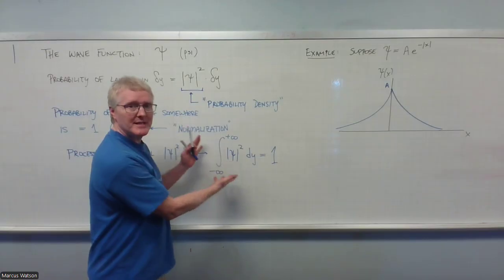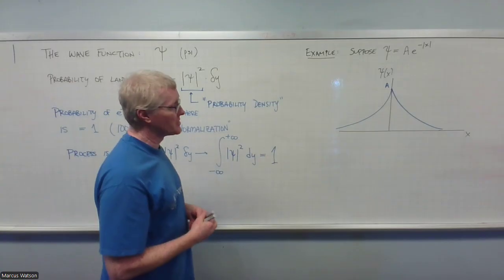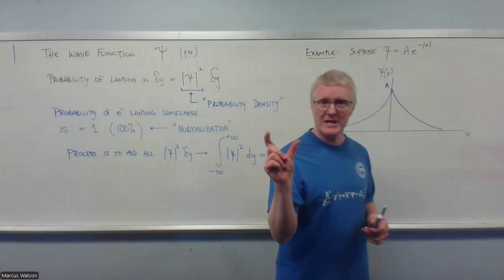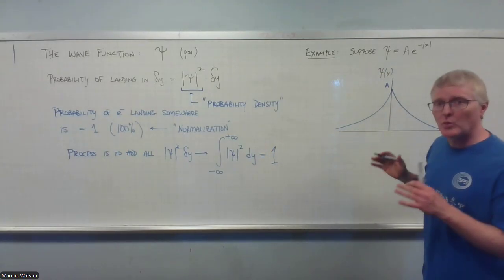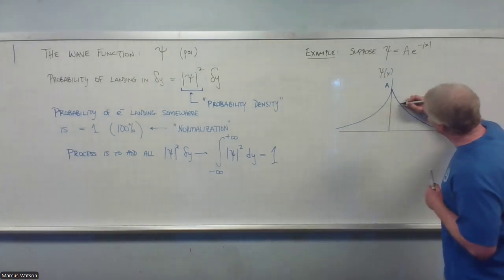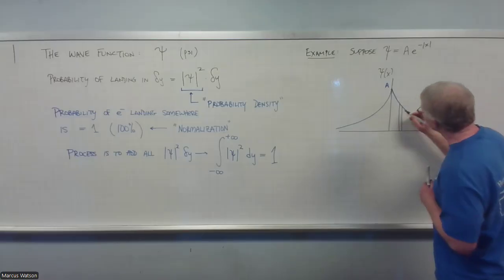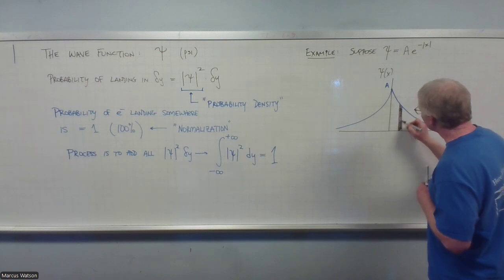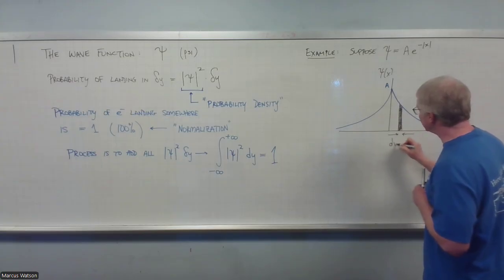Well, I use this as my guide. In other words, I'm going to pick an area which has a width to it. And suppose I'm interested in finding the probability of the electron when it's in here, like this. This strip is, say, dx wide.